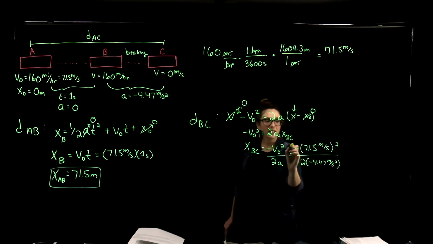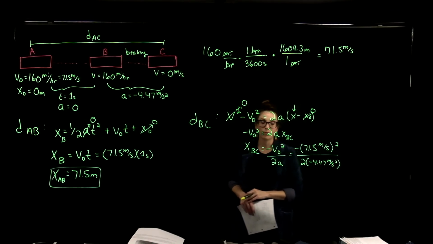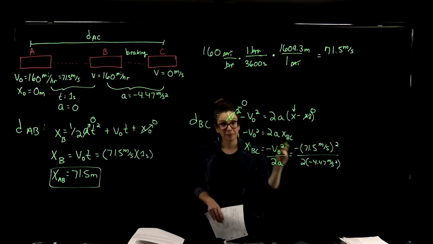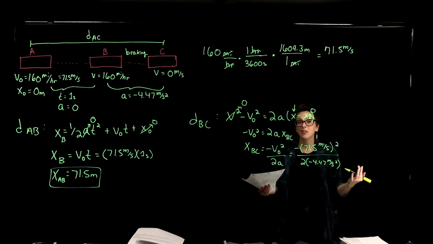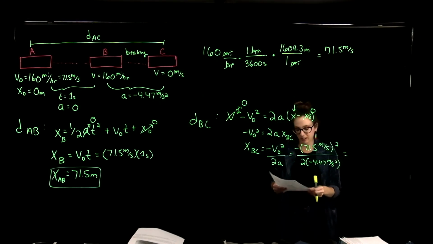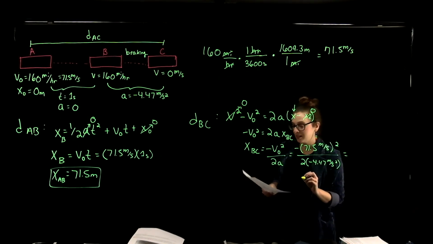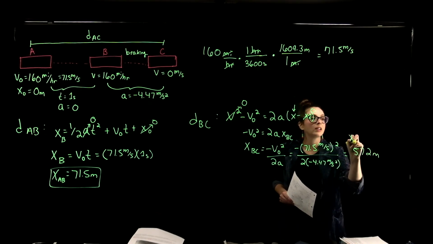We've got a negative quantity on top, a negative quantity on bottom, negative divided by a negative gives a positive value. Plugging those in, the total distance to travel from B to C is 572 meters. So that's X BC.